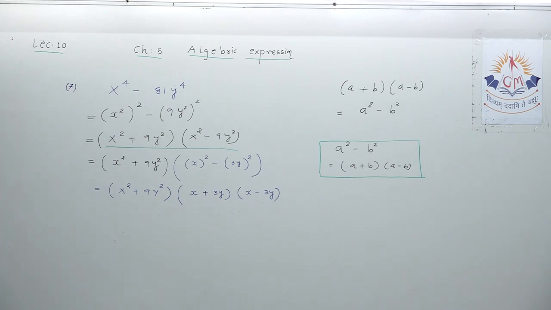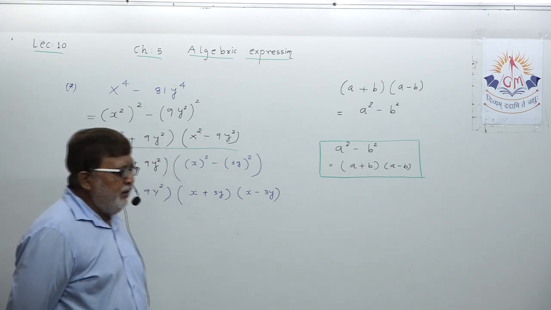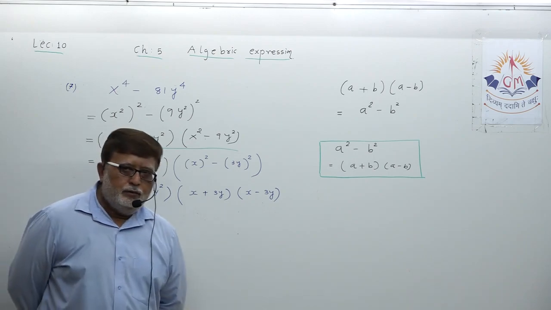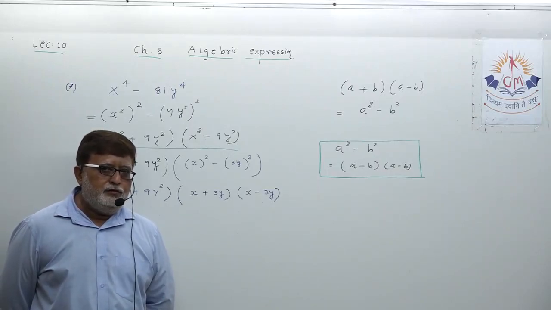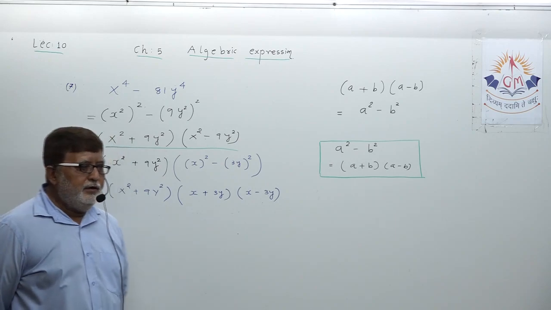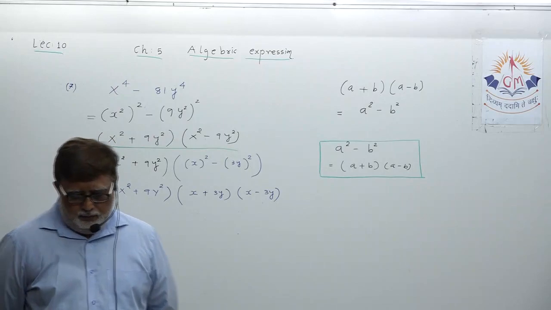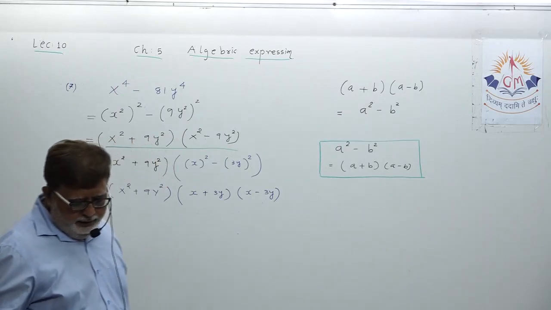Also, when you check each and every step, at the same time, again and again, punch and ring in your mind when you can apply this particular identity. Which are those three conditions? Two terms, negative sign, both are perfect square. That is the essential condition for application of this particular identity.